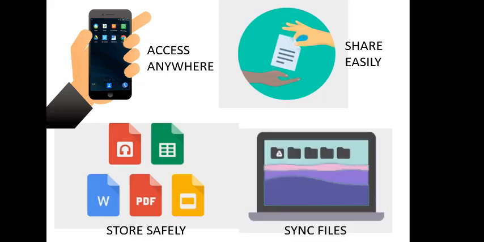The last good thing about the Google Drive is that you can synchronize your files. What does it mean? Once you have created your account in Google and uploaded your files online, you will also install Google Drive on your mobile phone, your desktop, or your laptop.